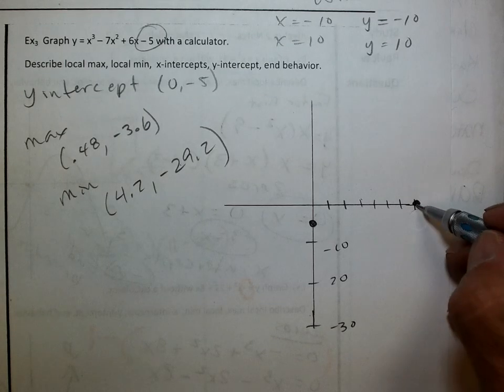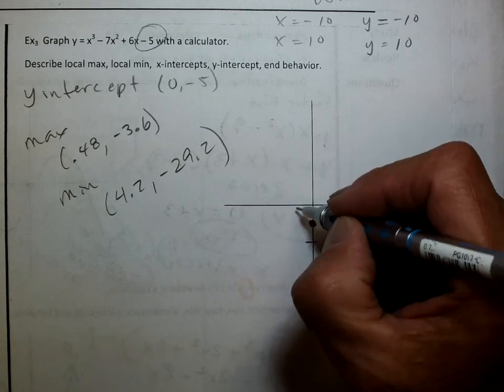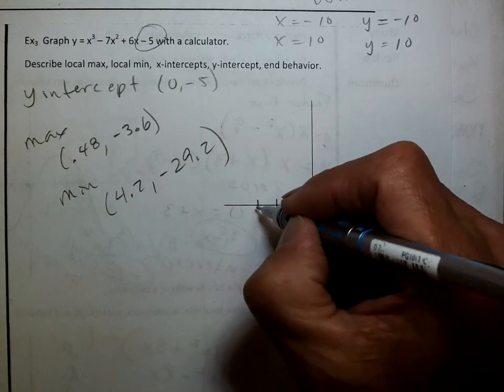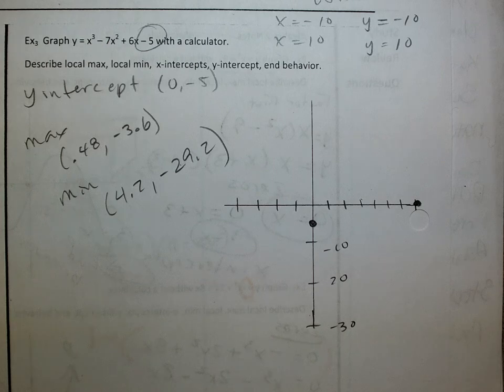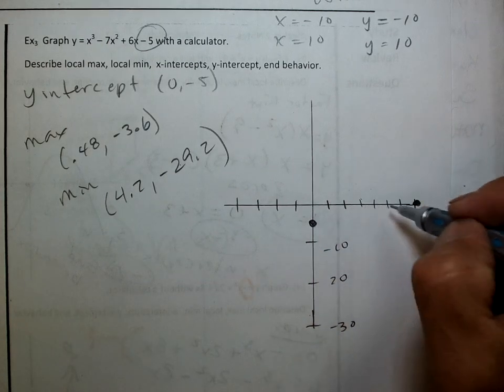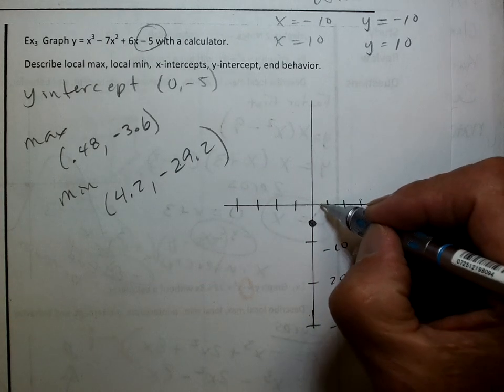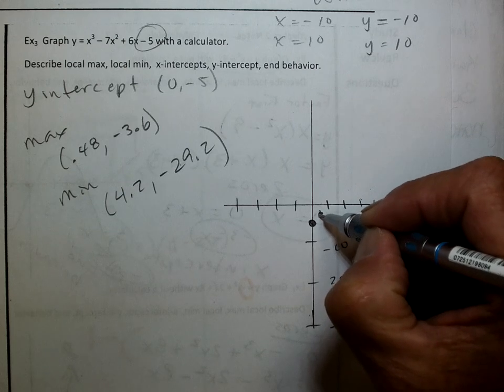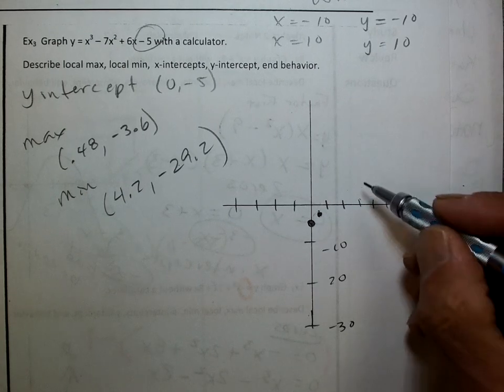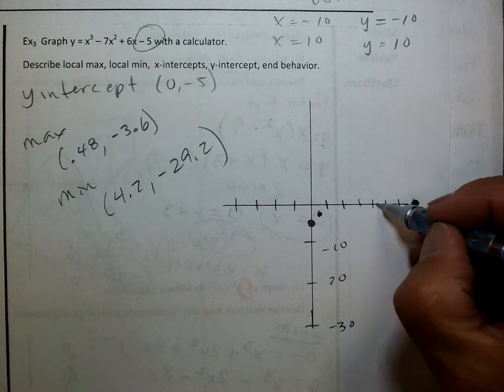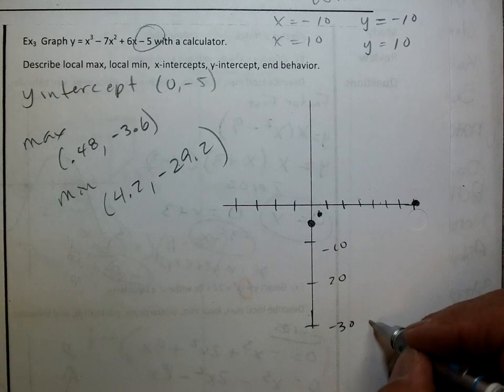I've got my x-intercept at about 6. My maximum is about 0.5 and about negative 3.6, I'm guesstimating about there. It doesn't have to be perfect. My minimum is about 4.2 and about negative 29, right about there.